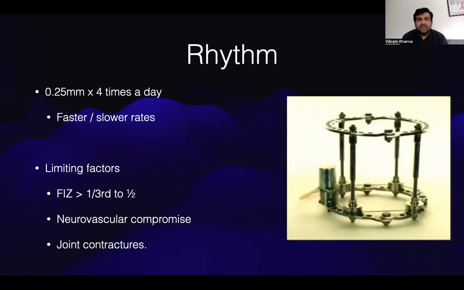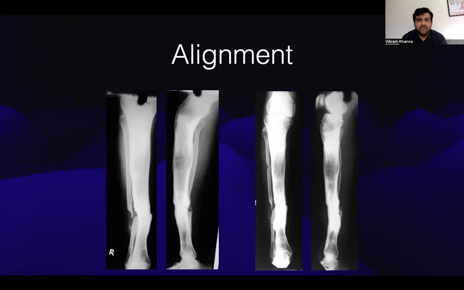And limiting factors are the fibrous interzone being more than 1/3 to 1.5 of the regenerate, neurovascular compromise, and joint contractures. That is one thing which we have to take care of. We have to be very thorough in our clinical examination in the distraction phase.